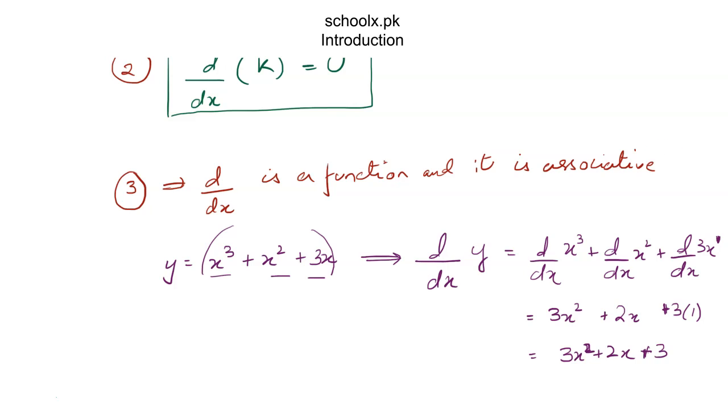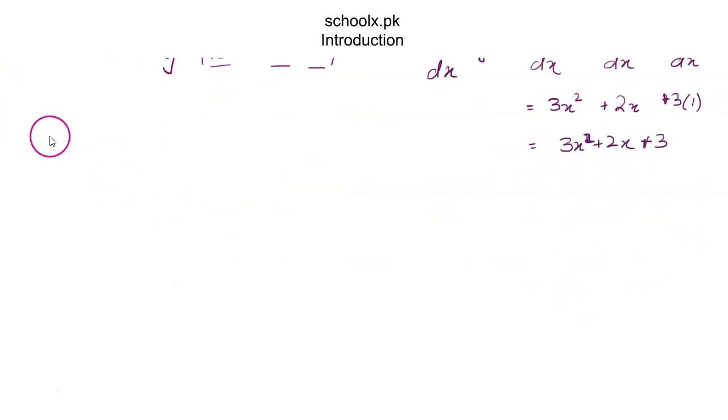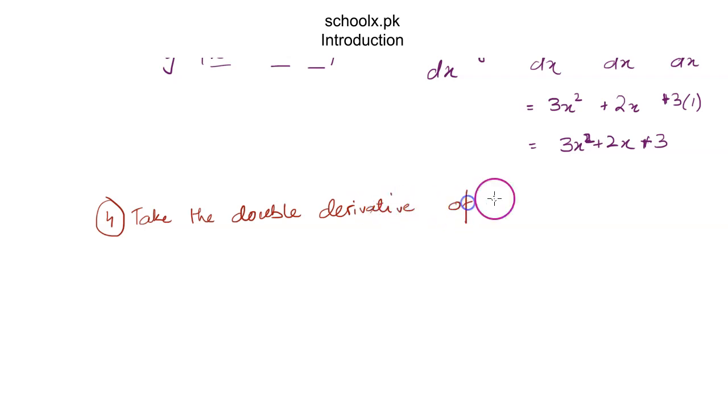Now the fourth thing you need to learn is how to take the double derivative and how to actually write it. For example, if they ask us to take the double derivative of y, and y is given to us as y equals 3x to the power 8 plus 4x cube.